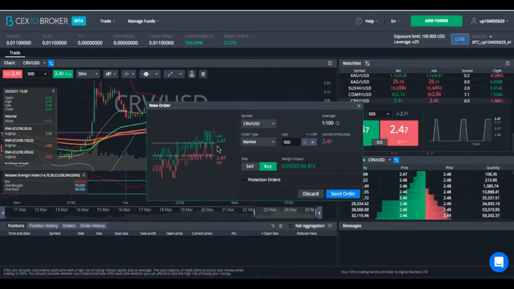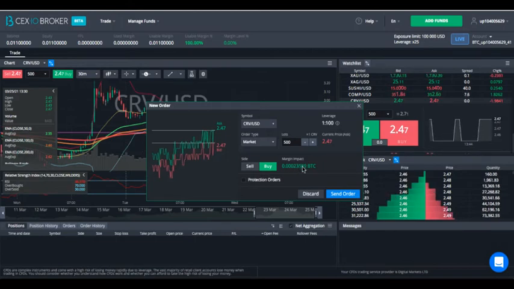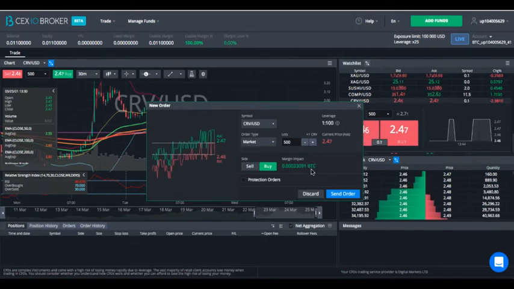And as you can see here, the margin impact is 0.0002. Okay, so that's decent. That's not too risky here. So I'm gonna go ahead and say, okay, I want to go ahead and take this order.